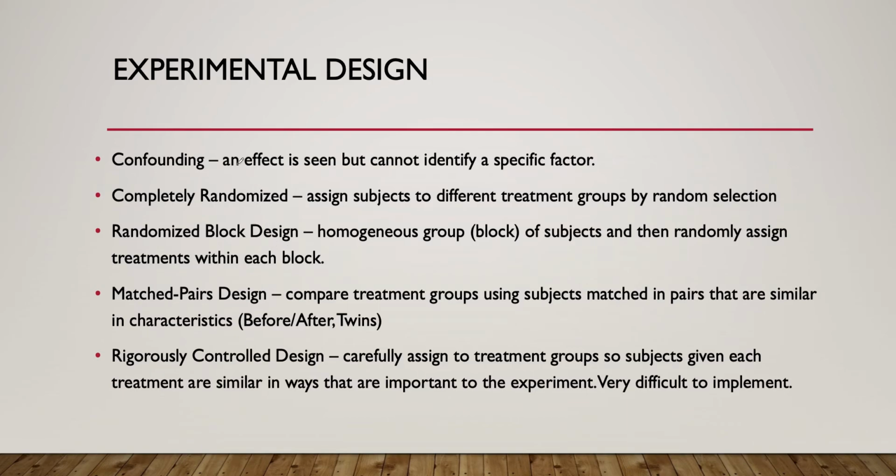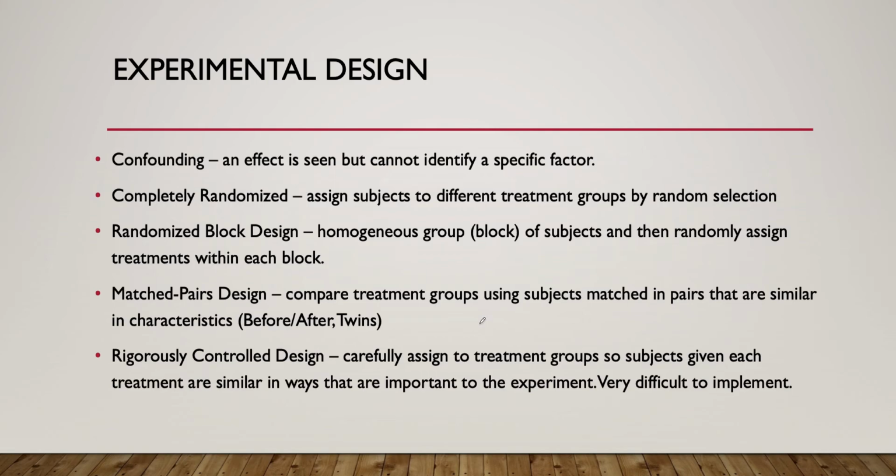And when it comes to more on experiments, we could have confounding of variables, where an effect is seen but we cannot identify a specific factor. Some types of experiments use completely randomized experiments. This assigns subjects to different treatment groups by random selection. Randomized block design uses homogeneous groups or blocks of individuals and then randomly assigns treatments within each block.